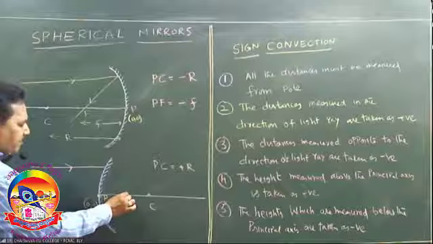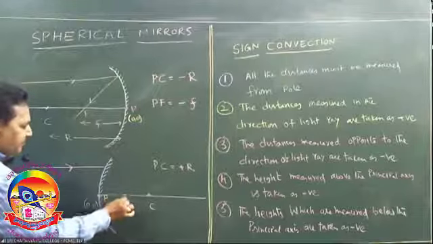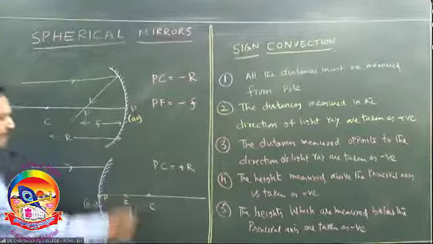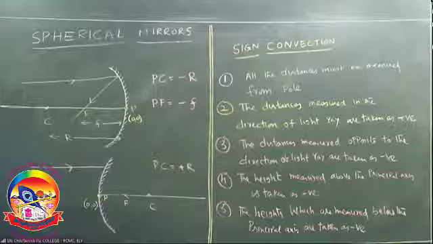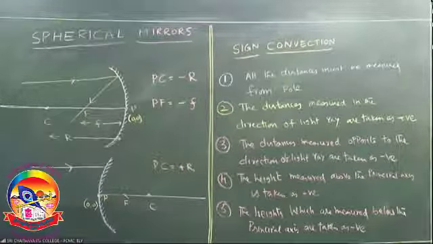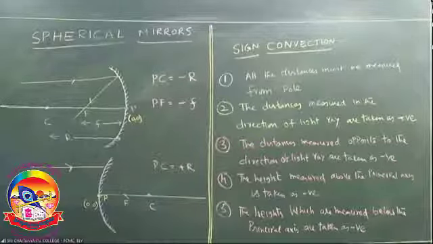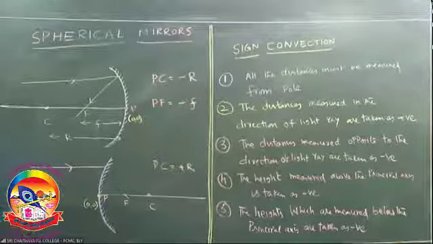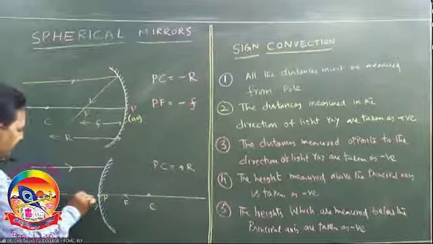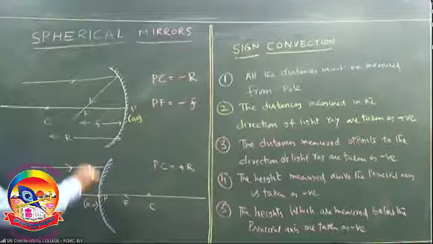Similarly, the principal focus will be here. This is F. The light ray is parallel to the principal axis.